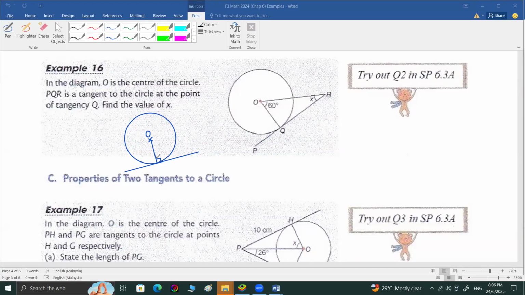Most of the time, questions will not show you this. You yourself must know this is 90 degrees. Then this is a right angle triangle.